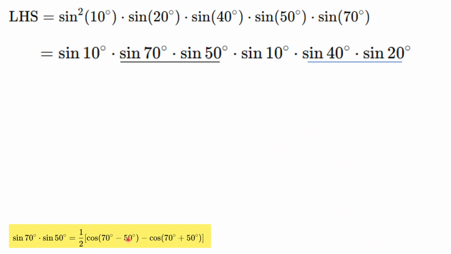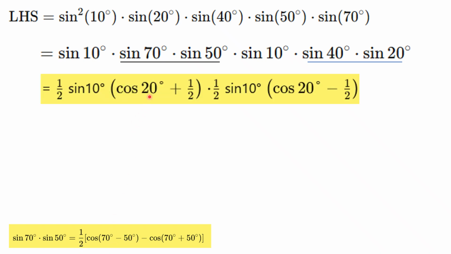Cos of 70 minus 50 is nothing but cos 20 and cos of 70 plus 50 is cos 120, which is minus 1 by 2. We have minus in the formula, so minus of minus 1 by 2 is plus 1 by 2. From the formula we have 1 by 2 here. Sin 10 is carried to next stage.